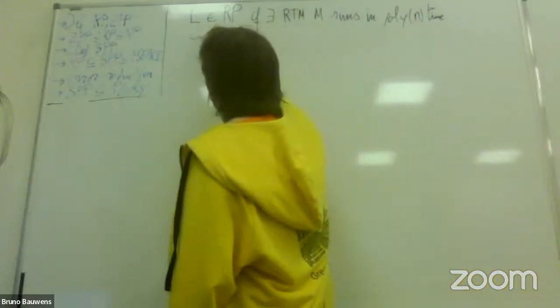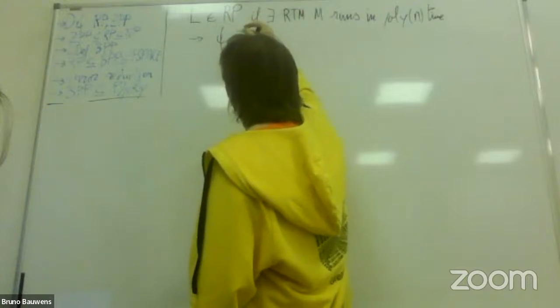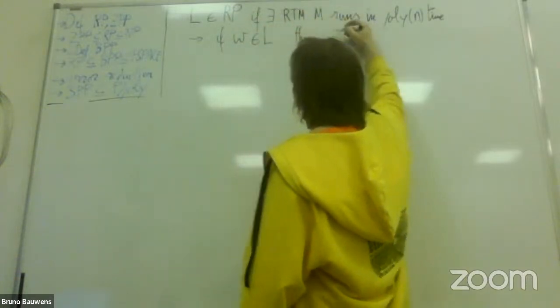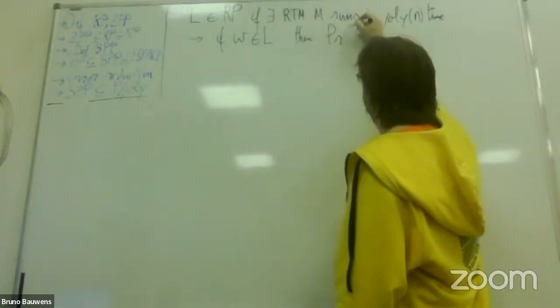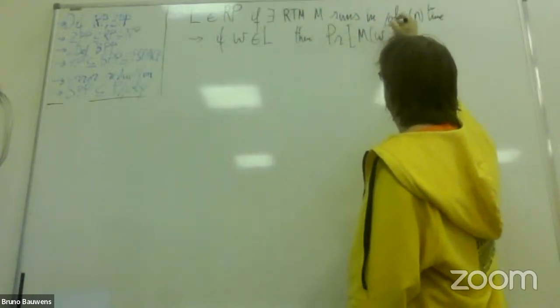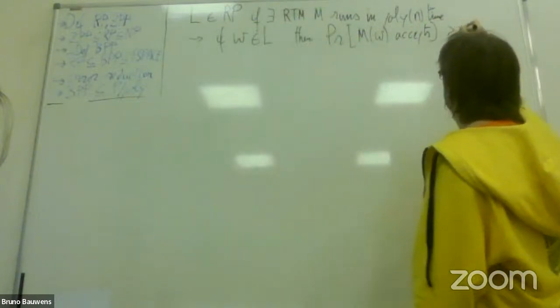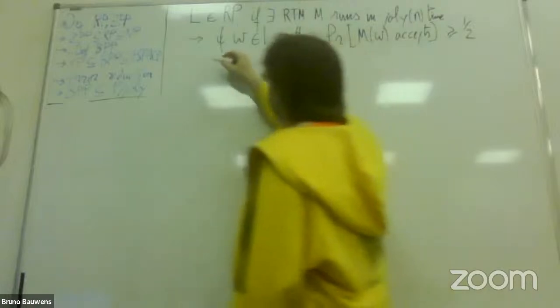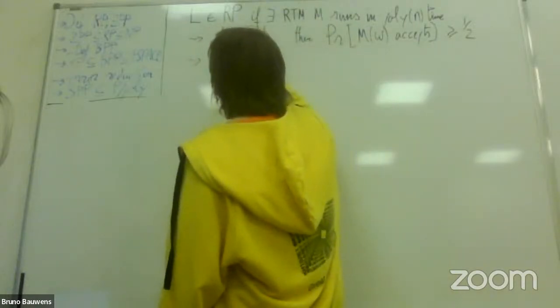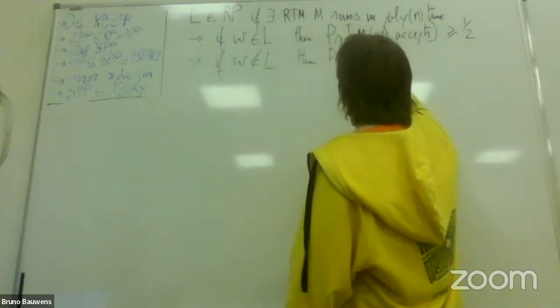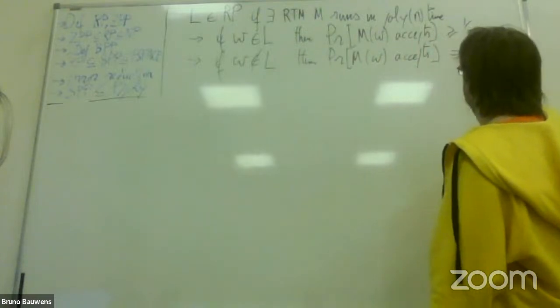And then there are two conditions. If the word W is in the language, then the probability that M on W accepts is bigger than 1/2. And if W is not in the language, then the probability that M on W accepts is equal to 0.